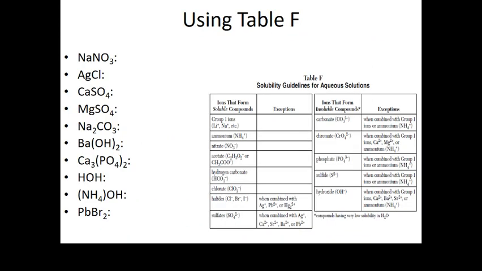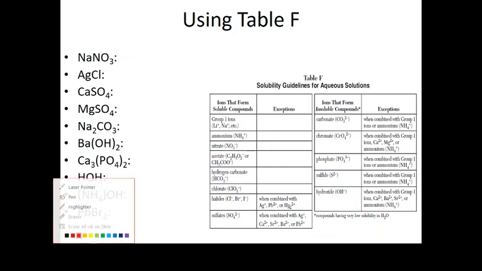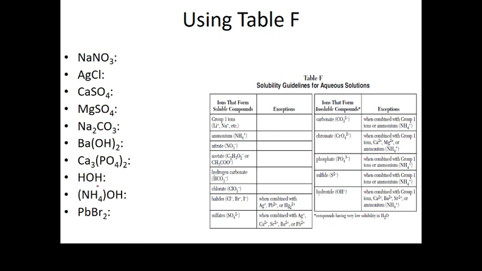So just to get some practice, let's look at Table F in your reference table. We know this is the solubility guidelines for aqueous solutions. We're going to look at the following compounds and determine if they are soluble or insoluble. We have some exceptions. In this case, we're going to put AQ above here.